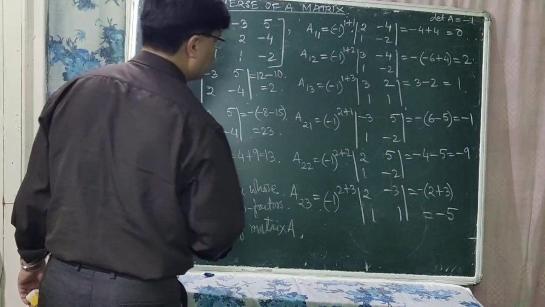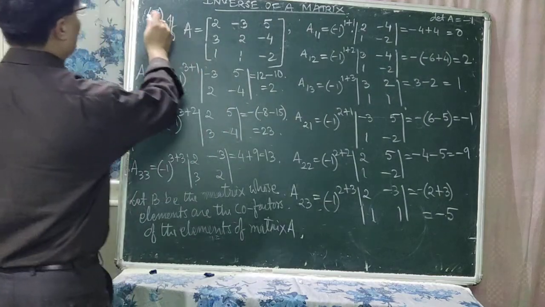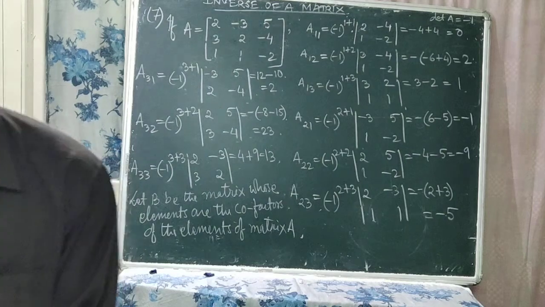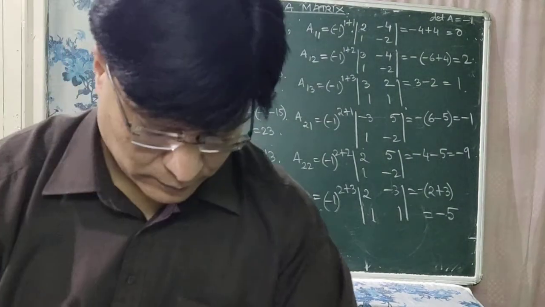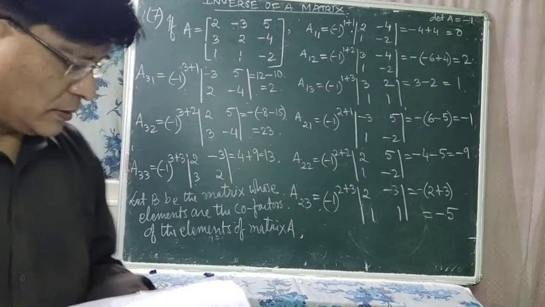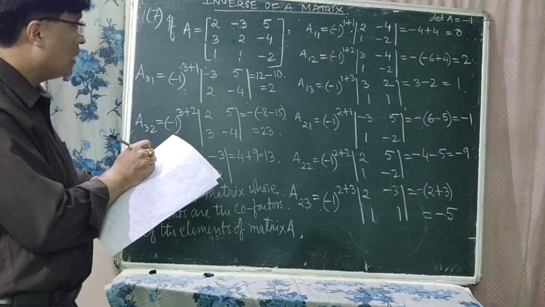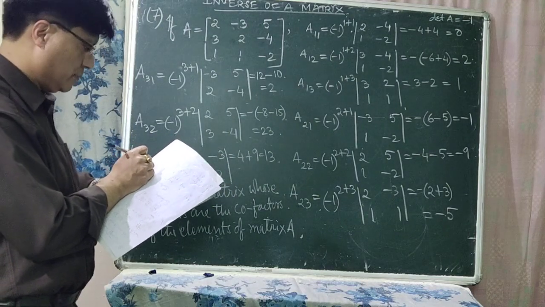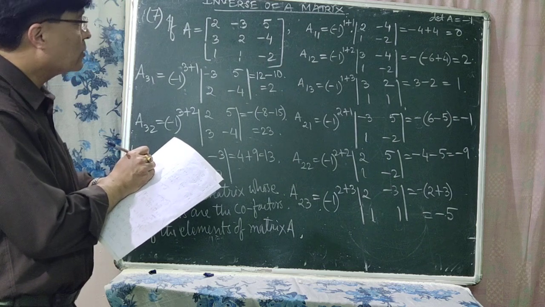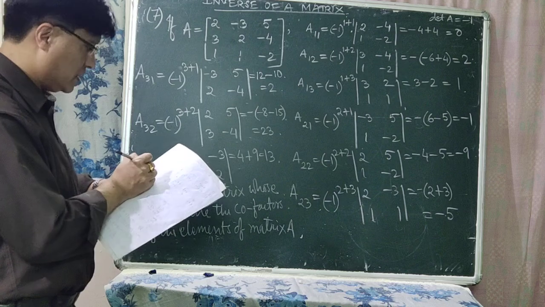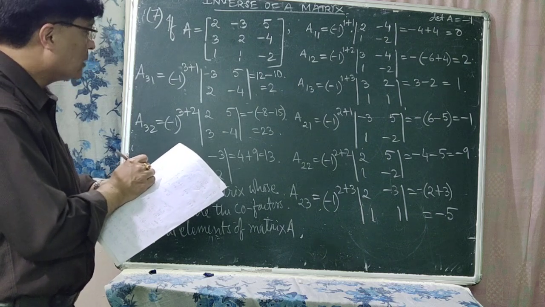So now let us write down the values here in the rough part. What was A11? A11 is equal to 0. What is A12? It is 2. What is A13? It is 1. What is A21?